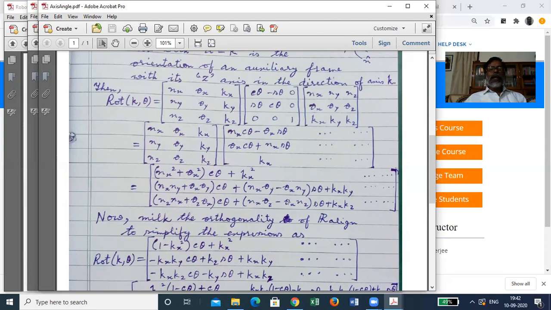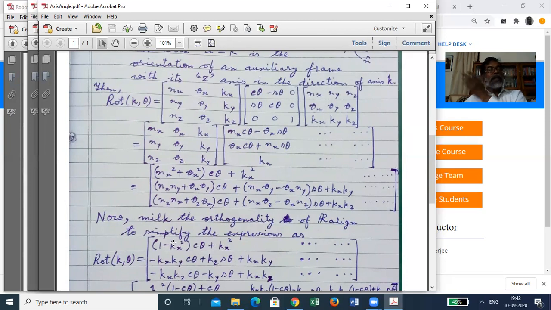Now, milk the orthogonality property of this matrix completely to get rid of these N and O terms. Since it is orthogonal, each row and each column is a unit vector. So Nx square plus Ox square plus Kx square is 1, so Nx square plus Ox square is written as 1 minus Kx square.